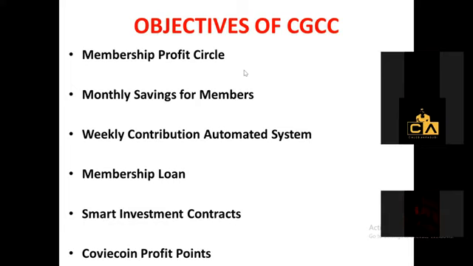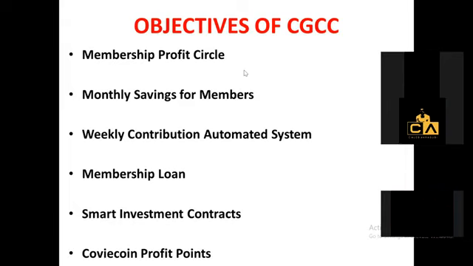It's a very powerful system that everybody wants to be a part of. Then we have the monthly savings for members. As a cooperative, every cooperative is designed to create a habit of savings for its members. So it's going to be mandatory or compulsory for you to choose a monthly savings plan.